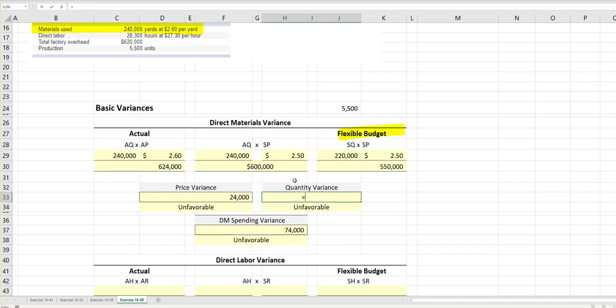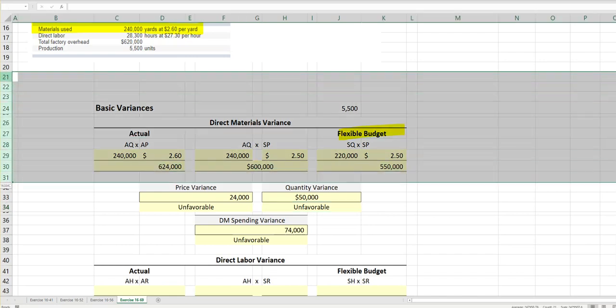Alternatively, we can take the difference between the $600,000 and the $550,000. That gives us $50,000. Or we can take the excess yards. We had an excess of 20,000 yards, again, that's the difference between the 240,000 and the 220,000, at $2.50 per yard. And there's our $50,000 as well.